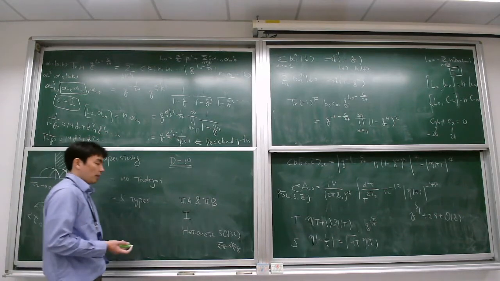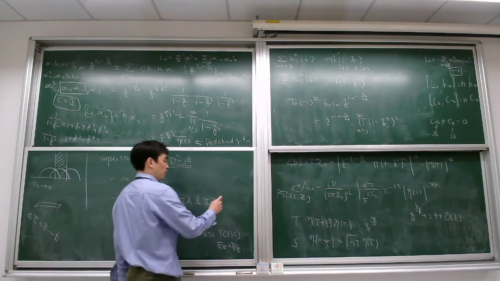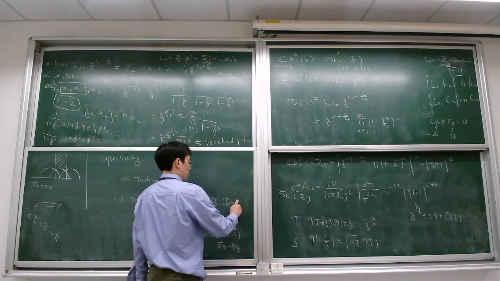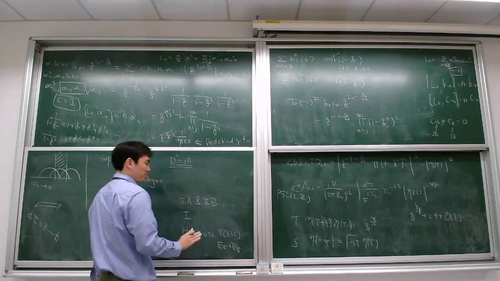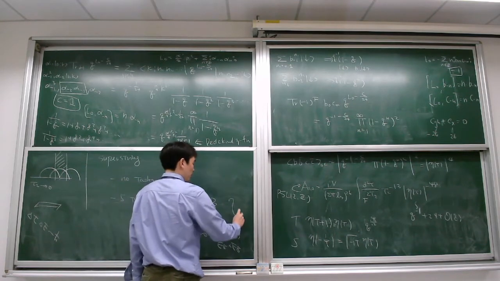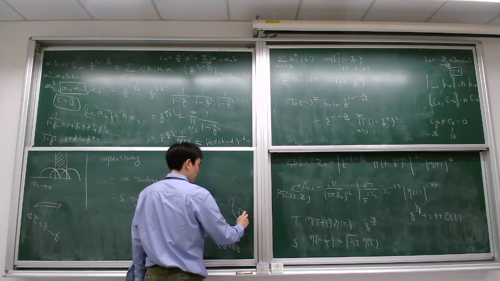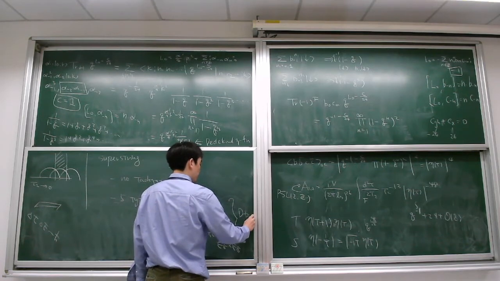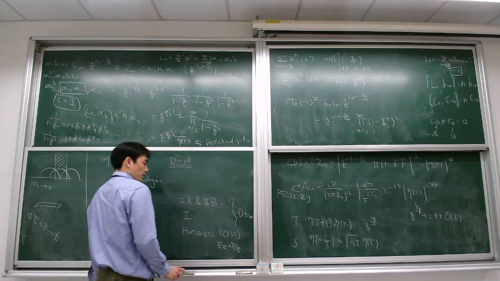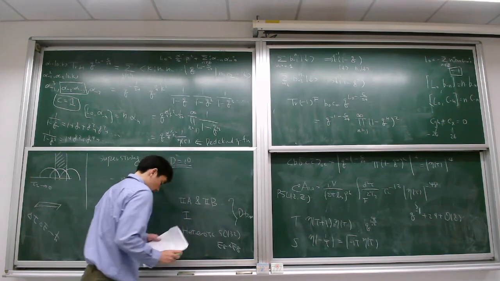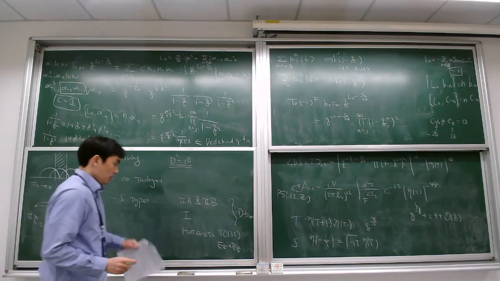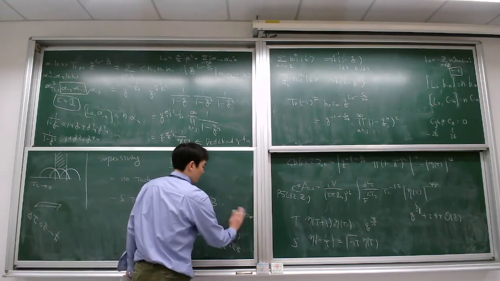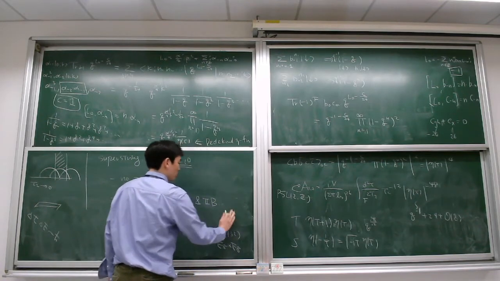And then here you can have a D brane. Anyway, maybe it's better not to mention it. Type 2A and type 2B both have D branes. So let's not talk about D branes.